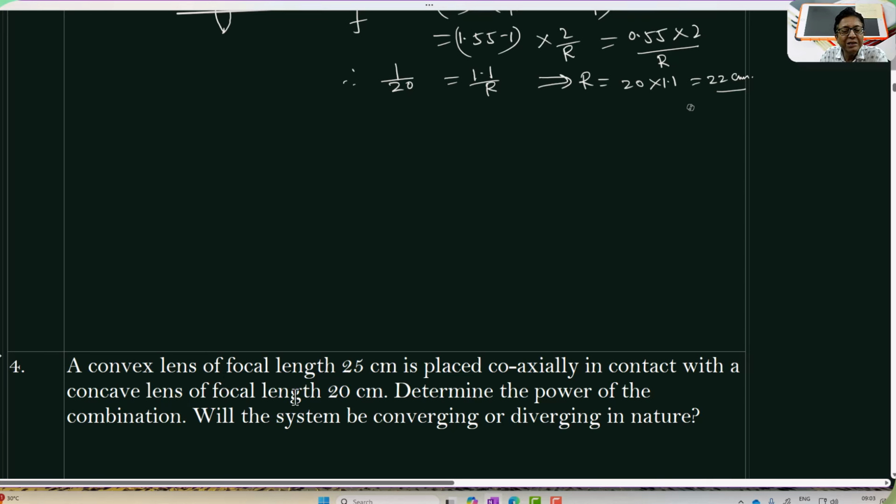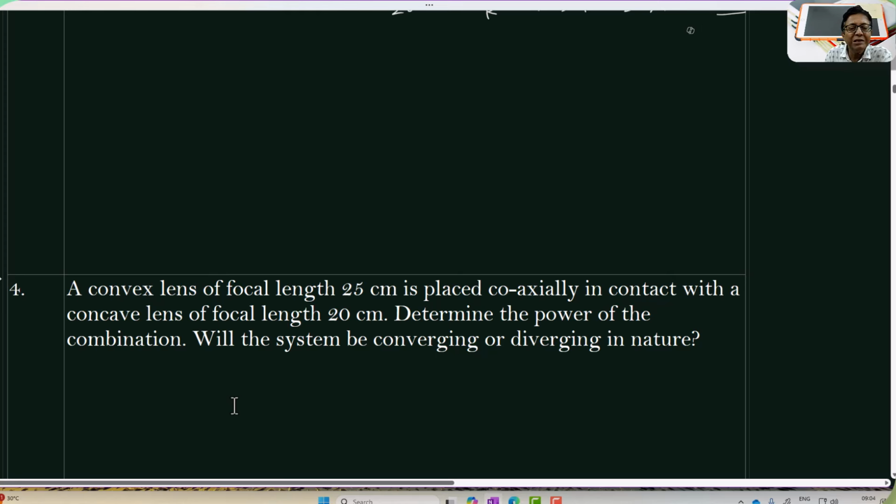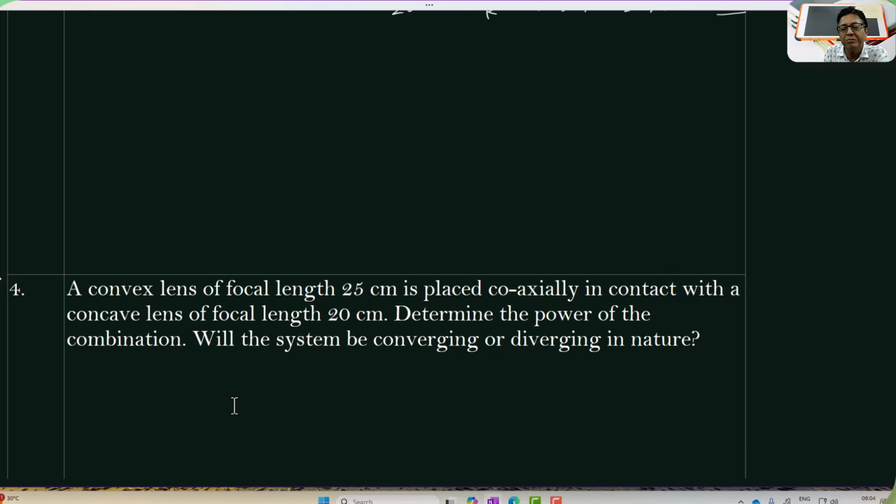A convex lens of focal length 25 centimeter is placed coaxially in contact with a concave lens of focal length 20 centimeter. Determine the power. So concave lens and convex lens. One has focal length f1 plus 25 and f2 minus 20.